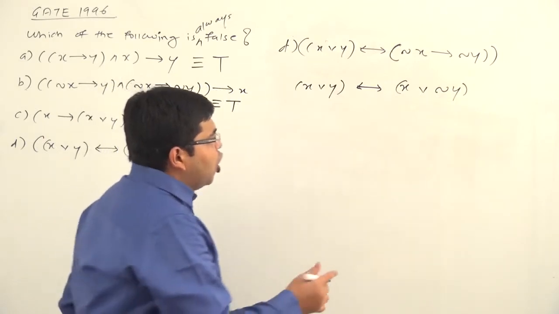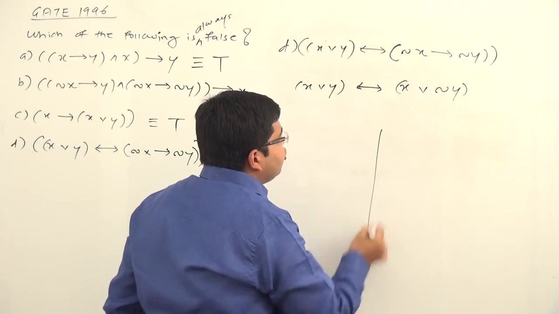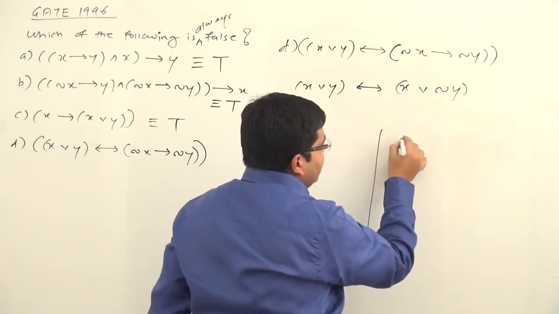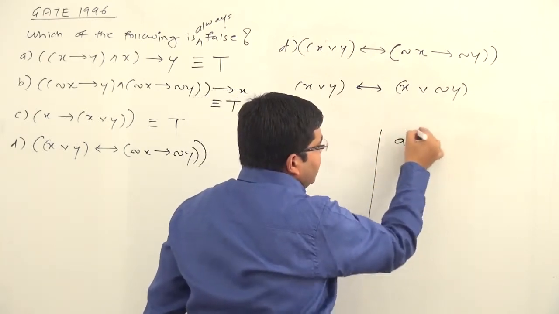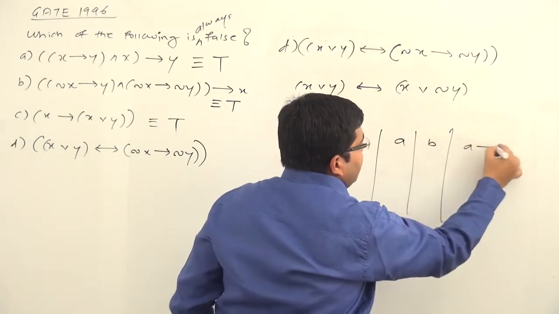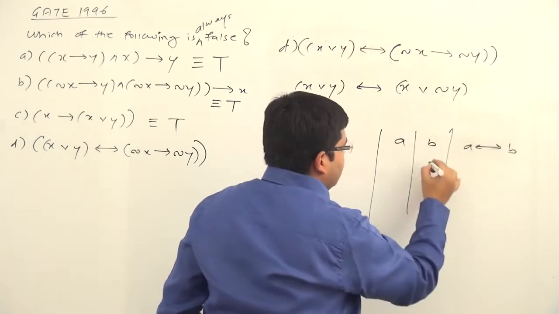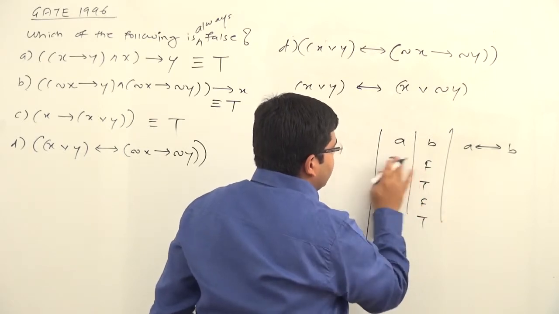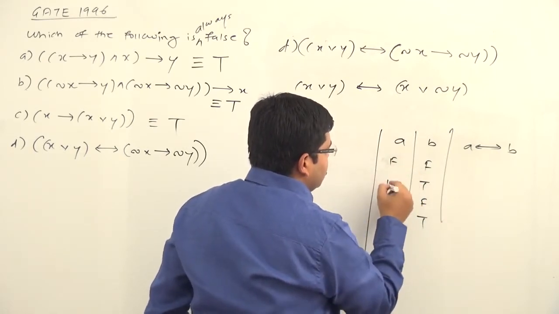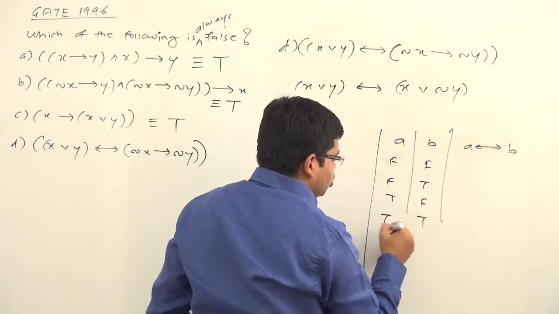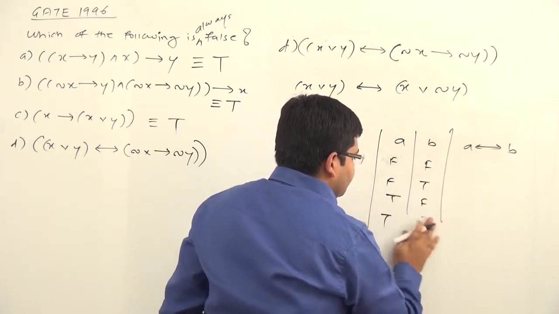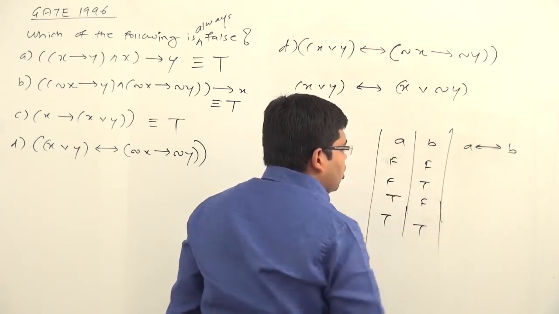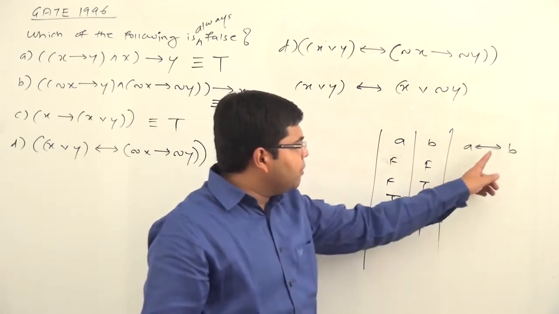Now if you observe the formula for double implication, let us take the variables, for example A and B, and then A double implies B. We will take the values here: false false, false true, true false and true true. What is the important property of double implication?